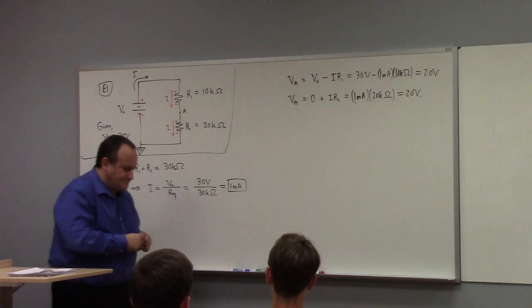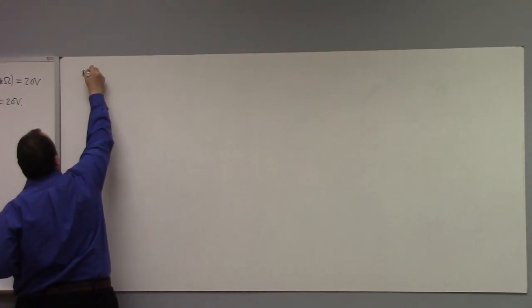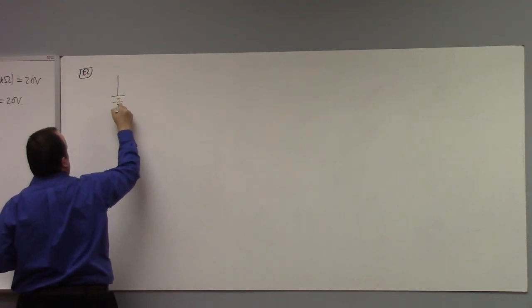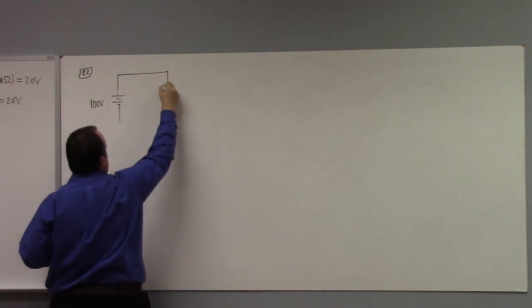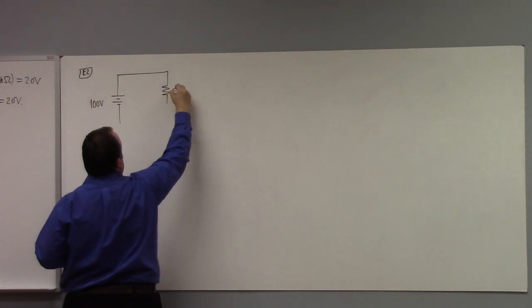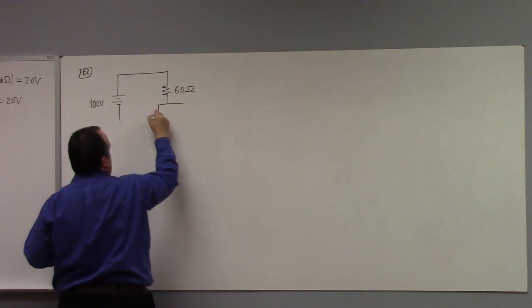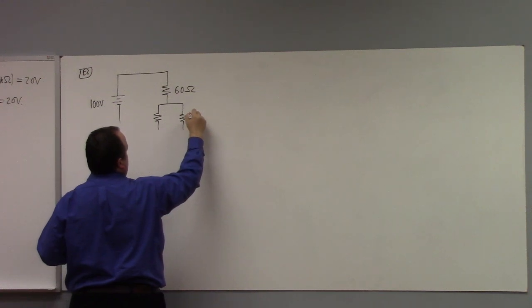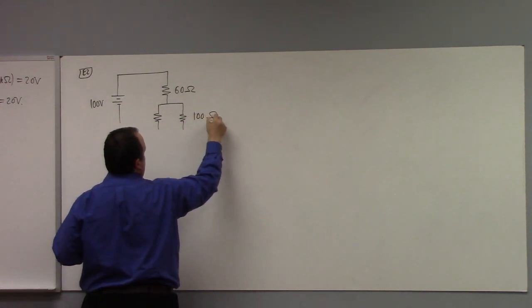Let me try another one. Let's see here. What if we had, I'll make it 100 volts. And over here, I had, I don't know, 60 ohms there. I've got, let us say, I don't know, 100 ohms.